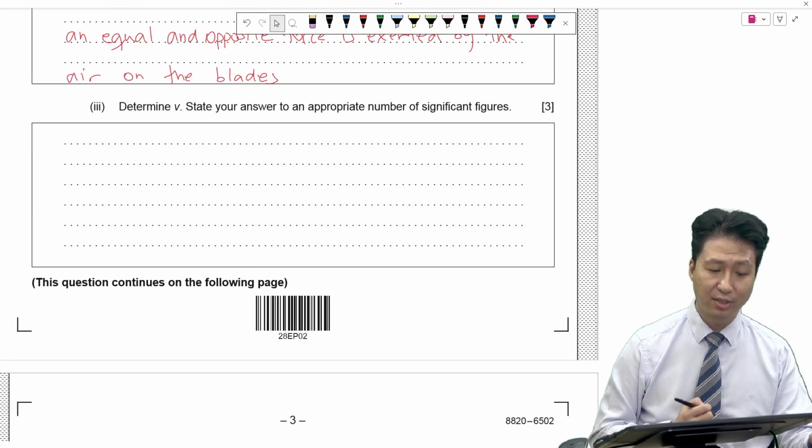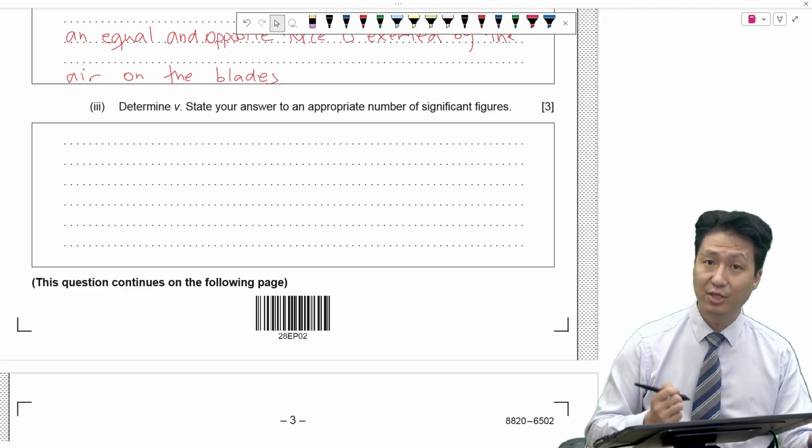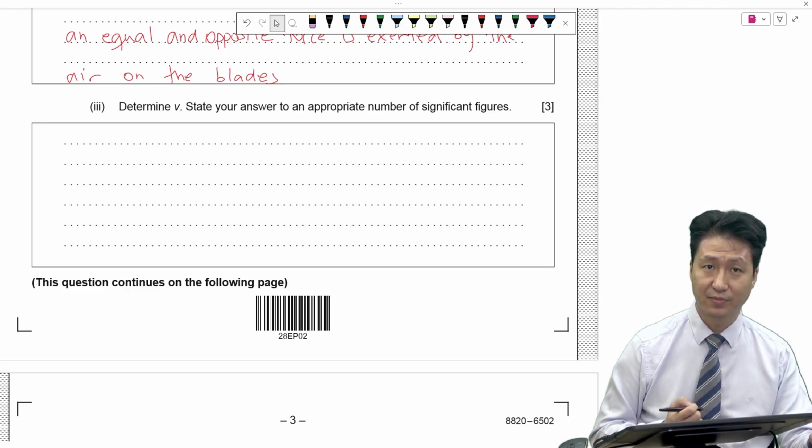In part 3 of this question, it says determine v, the velocity of the air. State your answer to an appropriate number of significant figures.